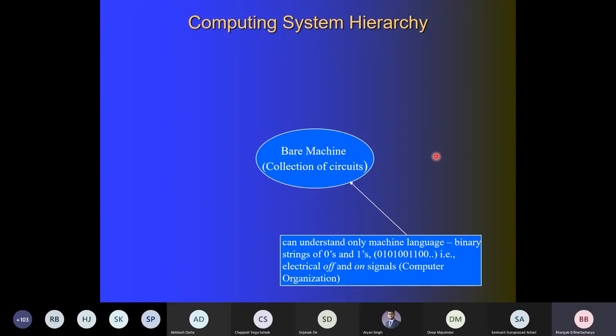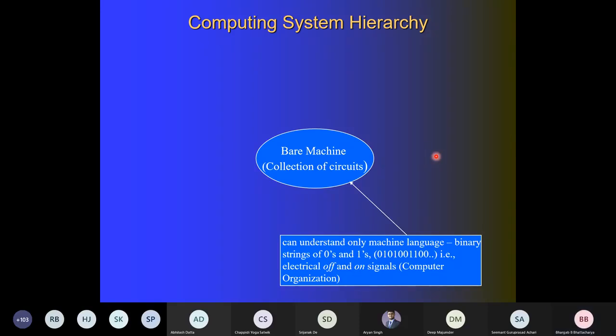The circuits comprise adders, multipliers, shift registers, and so on, and that we call the bare machine. So you are looking inside the CPU. At the bottom level, you have only the bare machine. You have already learned how to design combinational circuits, sequential circuits, and finite state machines.